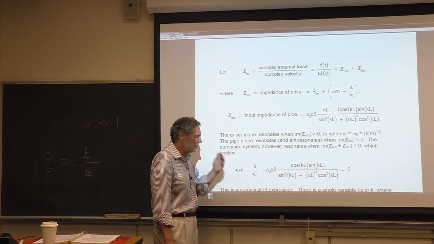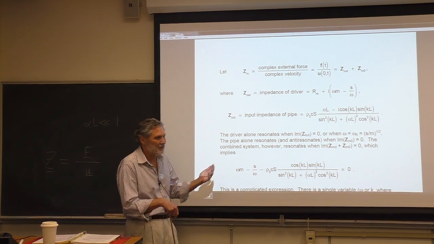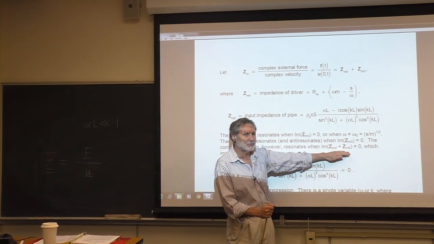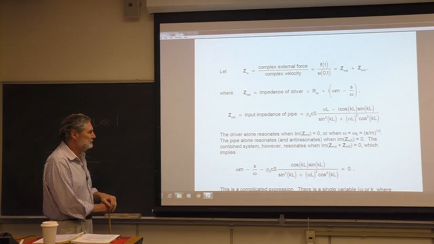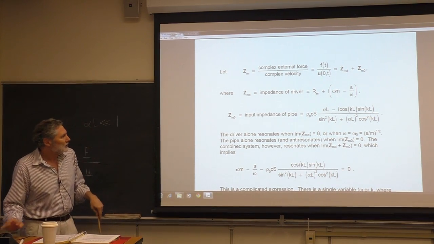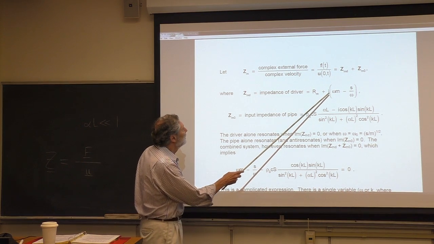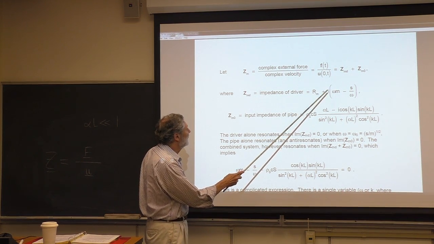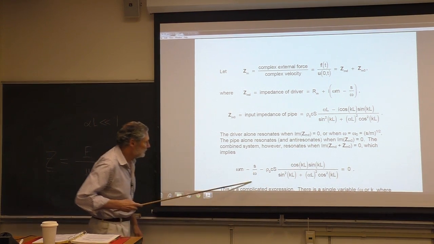But you're going to hit a problem there. It's going to be inconsistent. It's not going to work. We've got to look at the complete, combined system. So when we do that, the imaginary part of this plus the imaginary part of this has to be equal to 0. This is what we get.